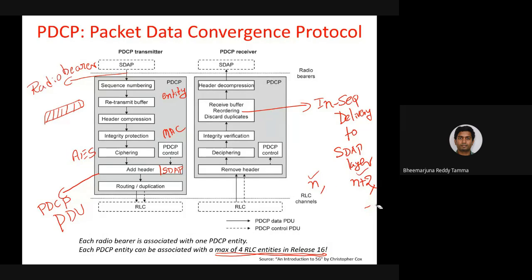After that it may get n plus 1. This comes as part of the out-of-order case, and it is important especially to deal with handovers. In general, if the receiver gets n and n plus 2 and then n plus 1, it won't send n plus 1 if it has already transmitted n plus 2 to the higher layer. But before it transmits n plus 2 to the higher layer, if n plus 1 comes, it is well and good. So it stores n and n plus 2 in the buffer for a certain amount of time. By the time the timer expires, if it has received n plus 1, it sends everything. Otherwise, it goes ahead and sends n and n plus 2 to the higher layer. That is the meaning of in-sequence delivery.